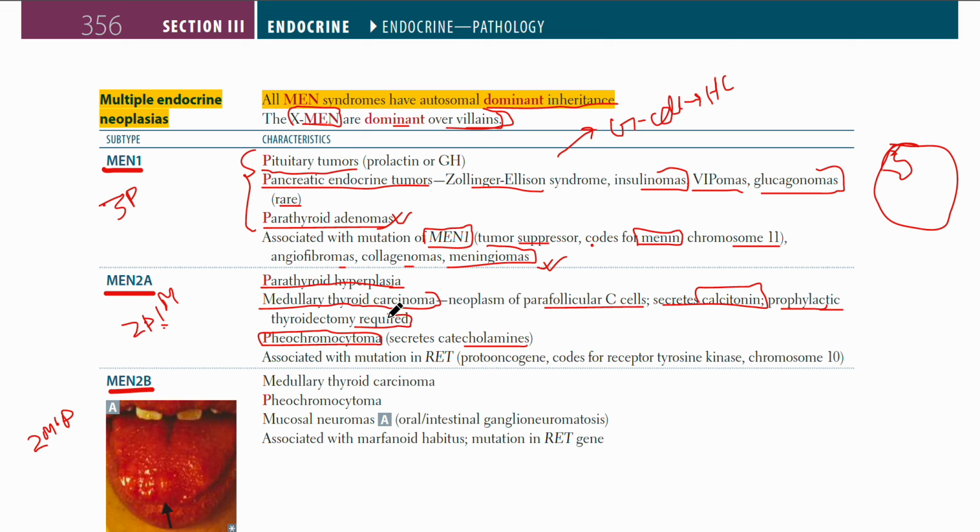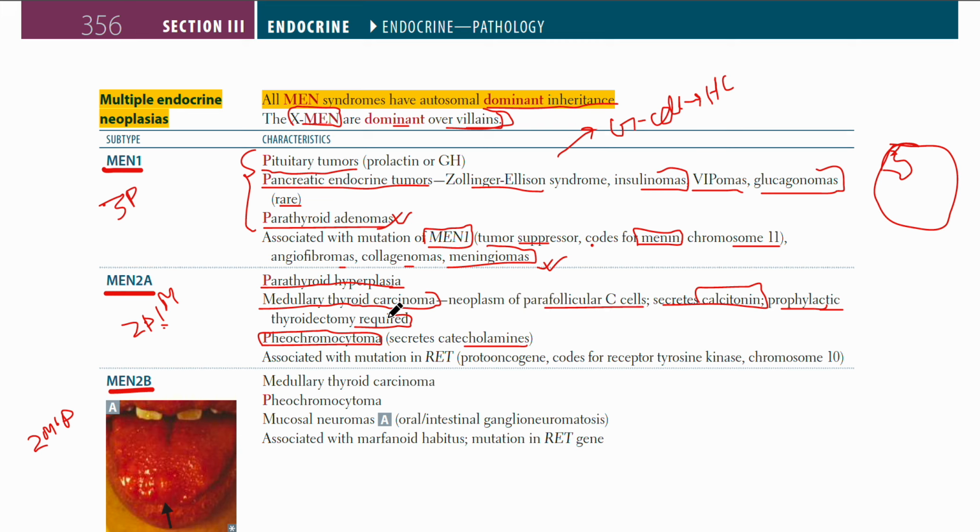Talking about pheochromocytoma, there is the rule of 10%. I have made a video about that if you don't know. 10% of pheochromocytomas are associated with hypertension, 10% are extra-adrenal, 10% are benign, 10% calcify.